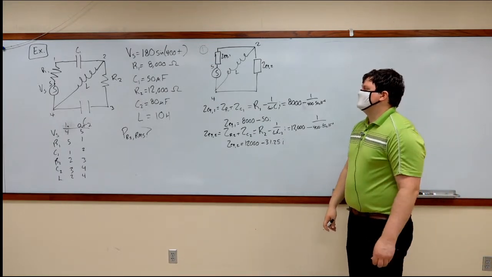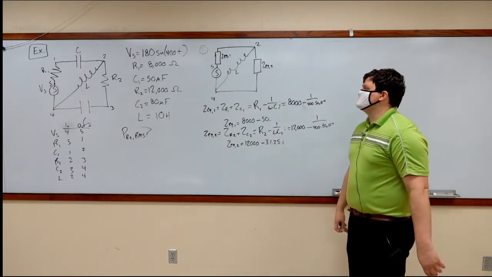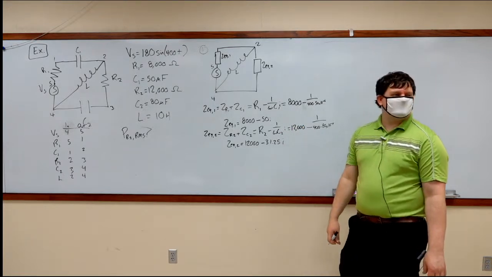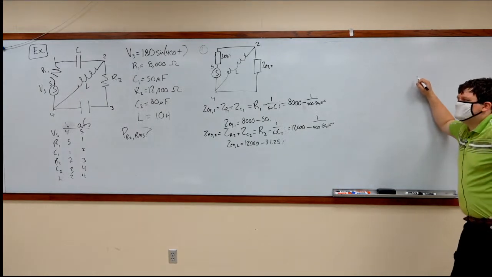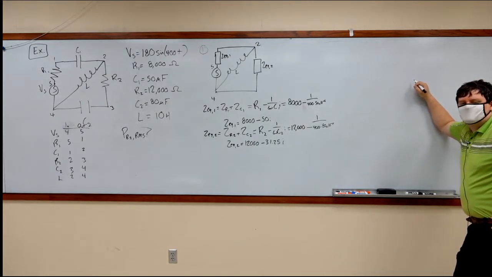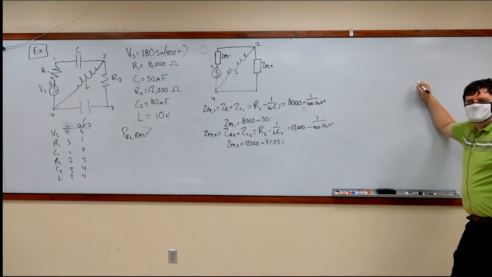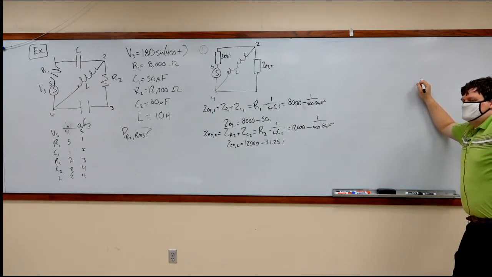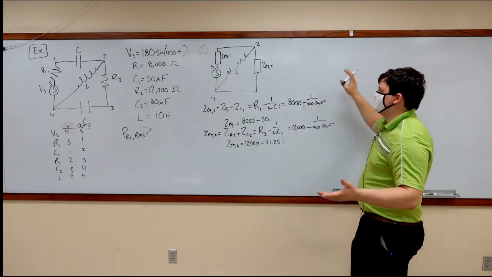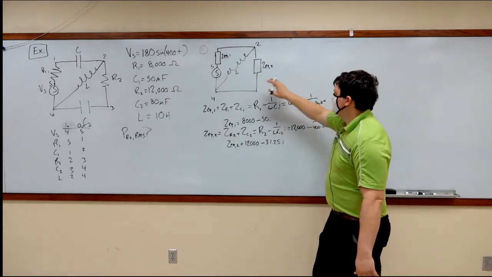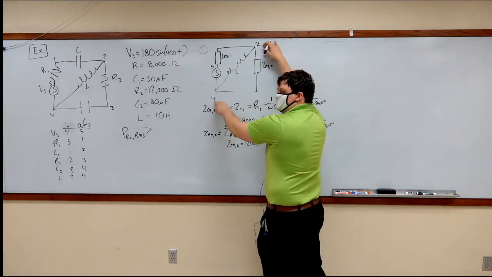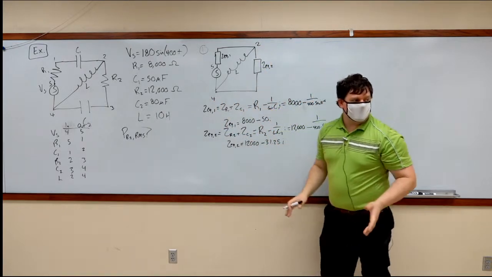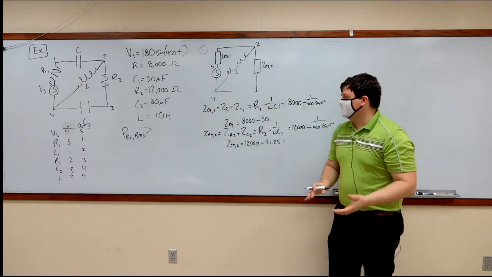Now, do we have any components in series or in parallel? It's parallel, right? Which components are in parallel? These two, because they both start at the same node and end at the same node. Because of that, they're in parallel, so we can combine them in parallel.